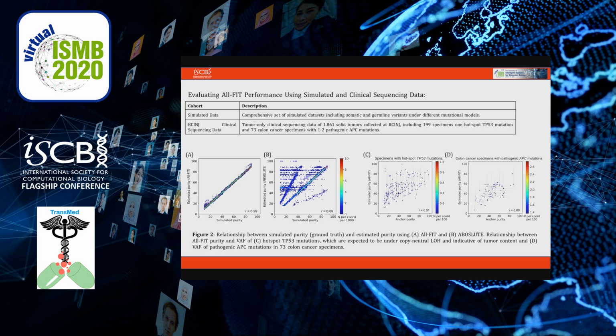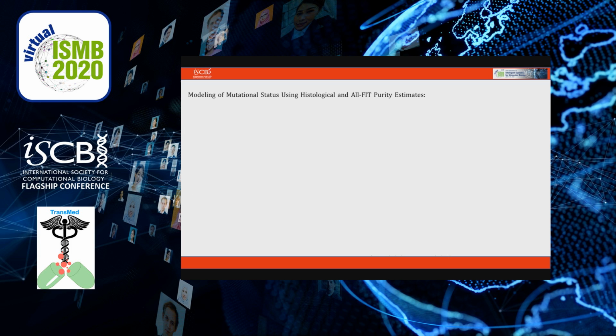For the hotspot P53 mutations, which are expected to be under LOH, copy-neutral LOH, and indicative of tumor content, we observed corroboration between the estimated and actual purity values with a correlation coefficient of 0.51, while for pathogenic APC mutations, which could either undergo somatic LOH or somatic copy-neutral LOH if there is one APC mutation, or they could be individually somatic heterozygous if there are 2 APC mutations, we observed a correlation coefficient of 0.6 with purity estimates.